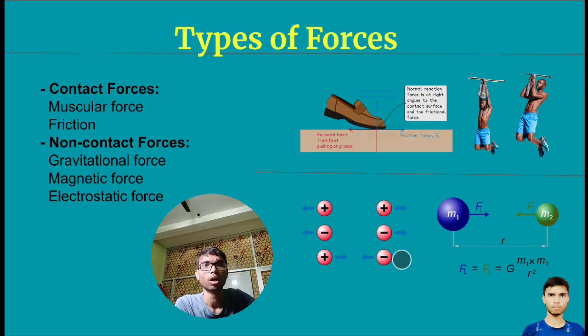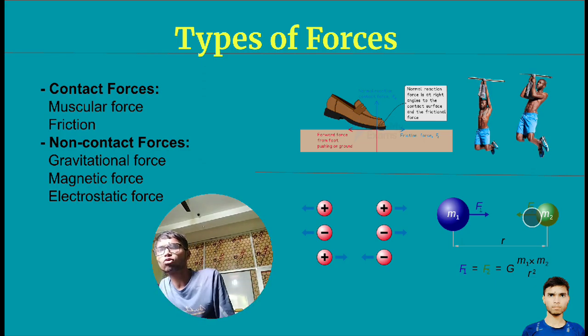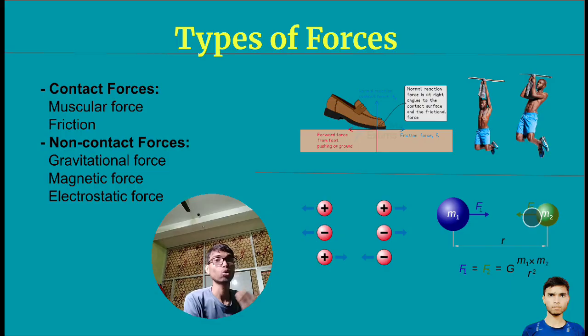Okay. Here you can see it is gravitation. Here this is one object and this is a second object. Just to understand gravitational force, we will consider two objects. One object will attract the other object, and the other object will attract the first object.